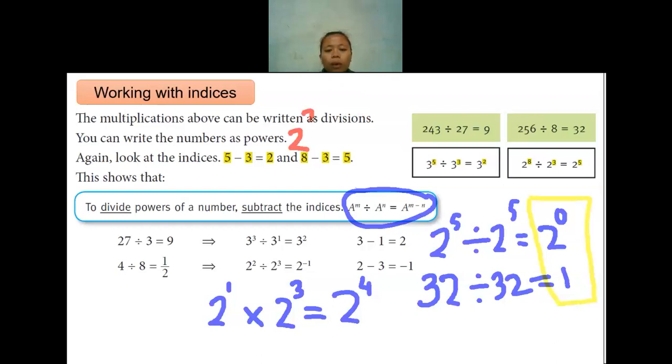Someone asked me, if I have 2 to the power of 3 times 3 to the power of 3, the power is the same, but the numbers are different. Yeah, a good question, thank you. Sorry if my annotation is a bit messy, I don't have enough space. When the power is the same and the numbers are different, we just need to multiply the numbers given. So 2 times 3 is 6. So the answer will be 6 to the power of 3. Like this.